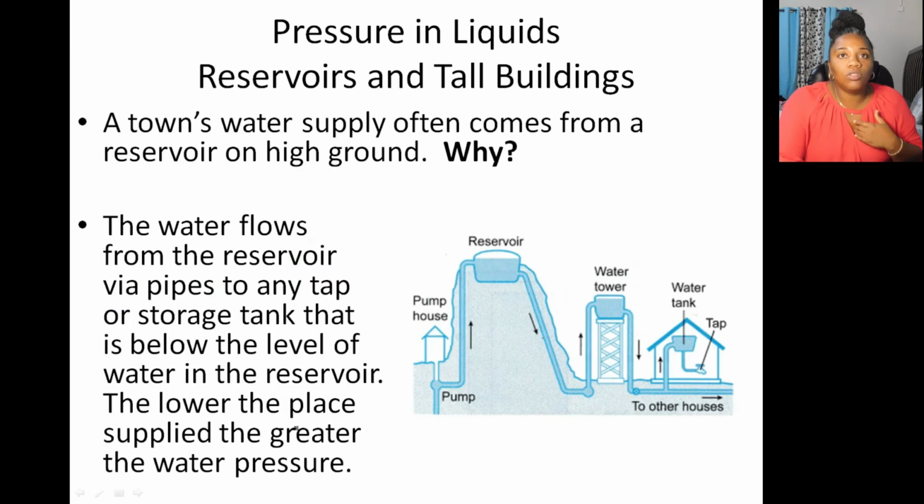Now, a town's water supply often comes from reservoirs on high ground. And the question here is asking why. Of course we know the higher up you go, the more pressure something would experience, remember? So height is important. Gravity is going to act on that. And also we need to talk about the density of water.